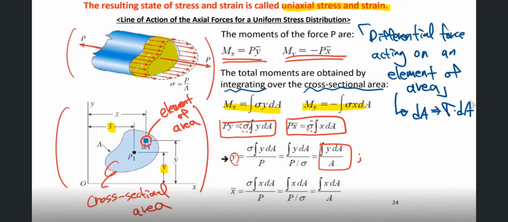And in this case, we can identify that sigma is what? P over A. This means we can define A is equal to P over sigma. Okay? And x bar is eventually equal to integration x dA over A. Okay?